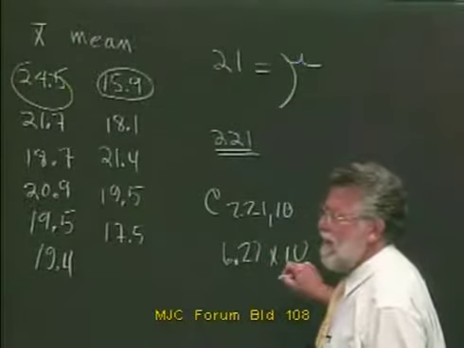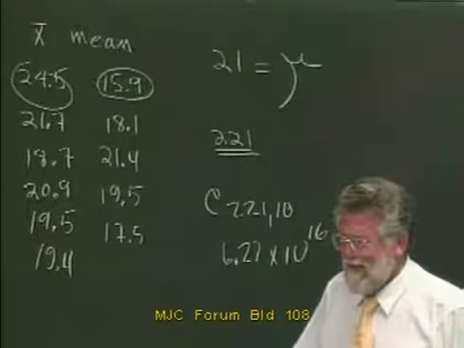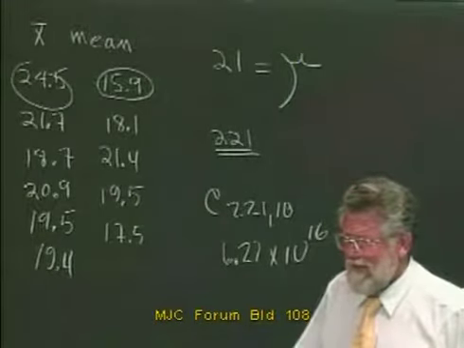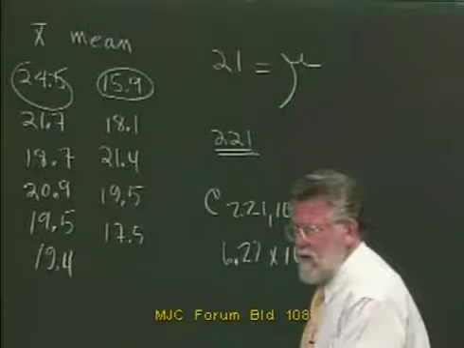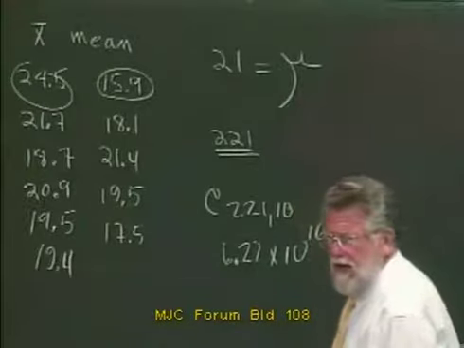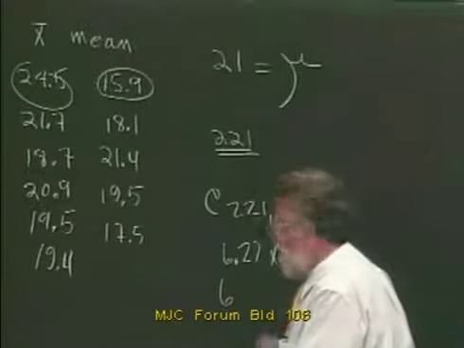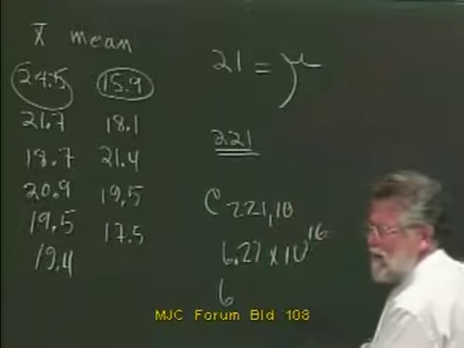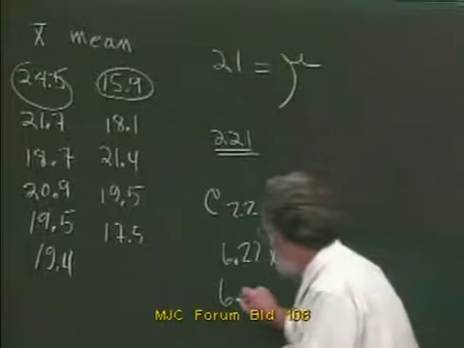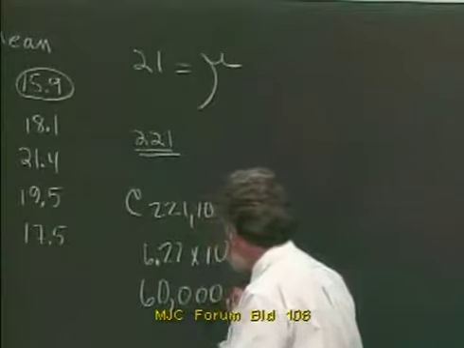Times 10 to the 16th power. You don't look impressed. If I told you that was your paycheck and you had that kind of look, okay, there's a 6 with a decimal point with how many zeros after it? 16 zeros. So let me just say we have a 60, then 5 groups of 3.